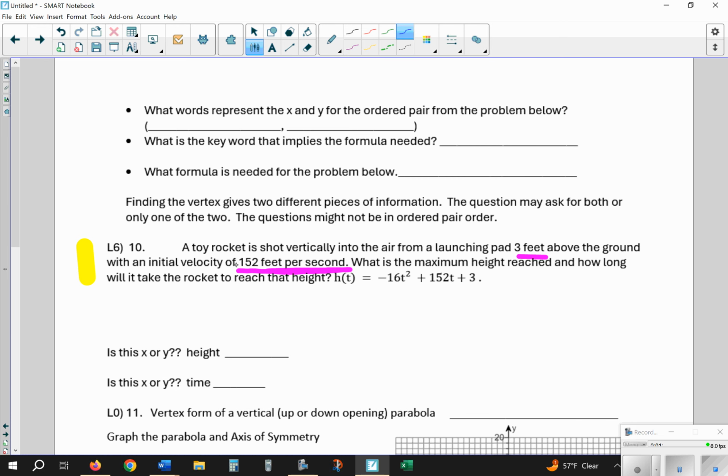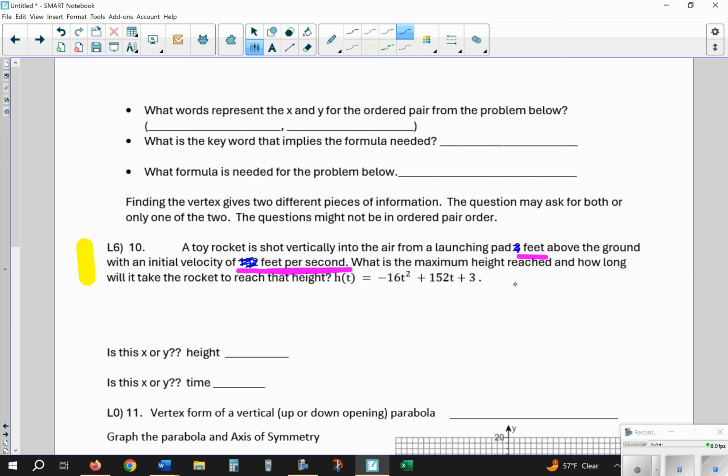Literally, if I wanted to, I could scribble out the two numbers so that I don't think I have to do something with them. Now, they do help us with the units that we have.